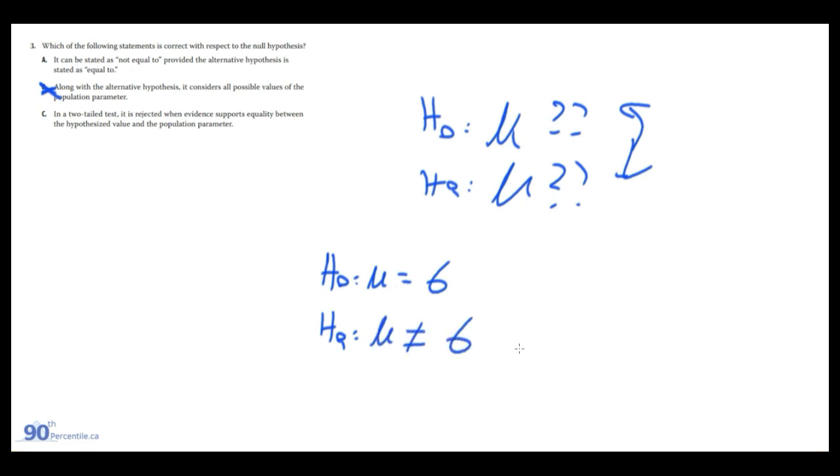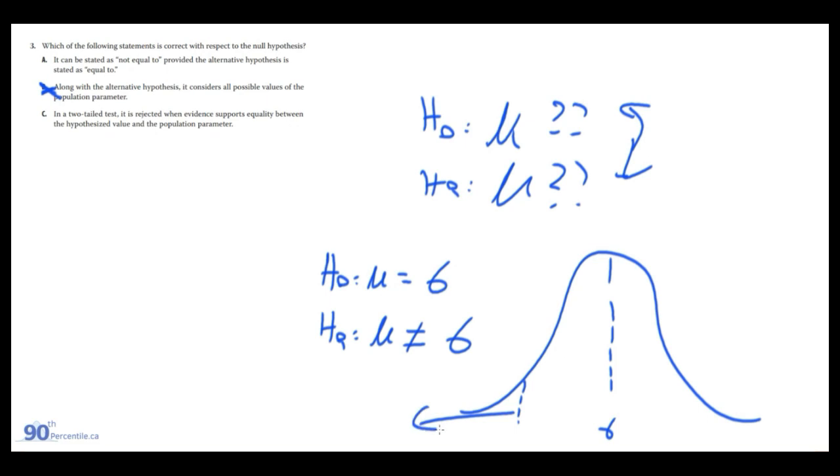This is two-sided because, if we have enough evidence to support that the mean is not equal to 6, it can either be not equal on the negative side or on the positive side. It could be like negative 12 or positive 12. Either way, it's not equal to 6. So the two-sided test accounts for basically both sides of this.